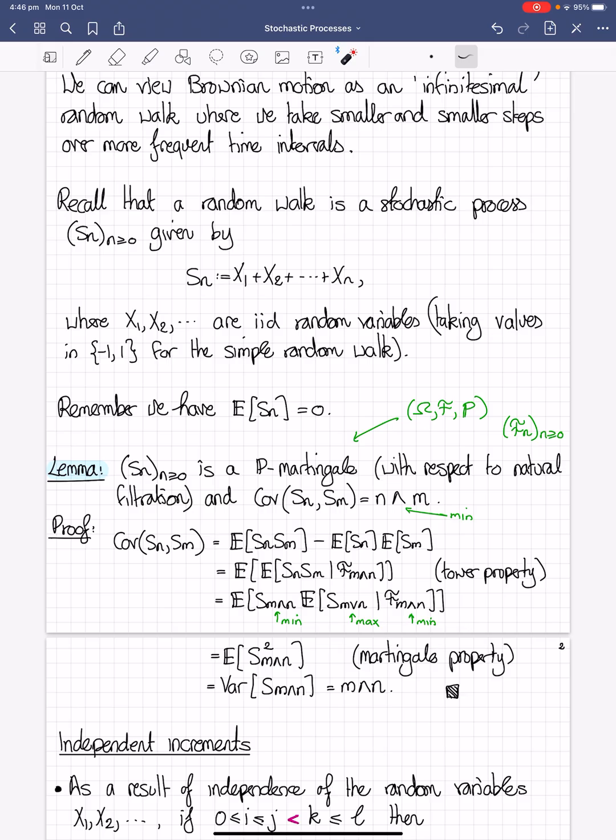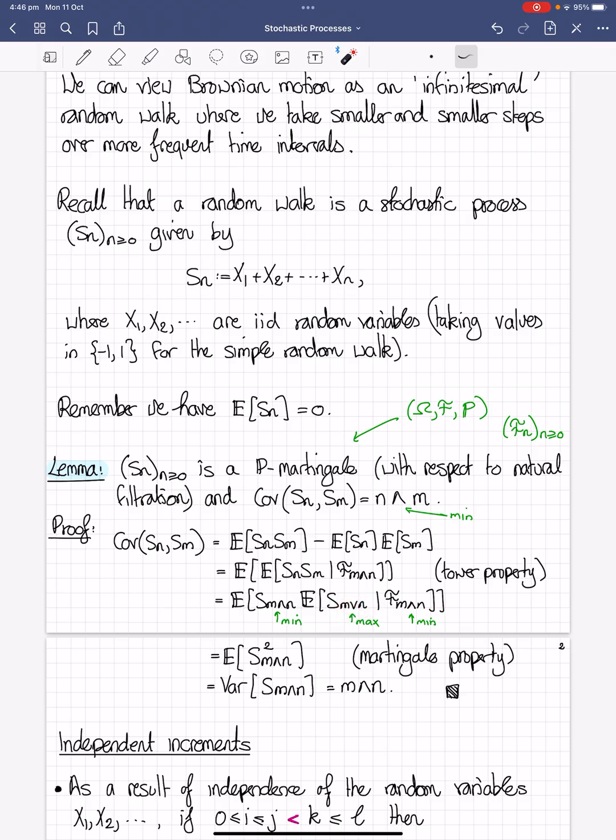The other part we leave inside the conditional expectation, which is up to the maximum of m and n.